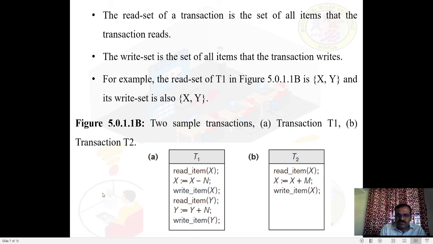Transaction T2 just reserves m seats on the first flight, x, referenced in transaction T1.